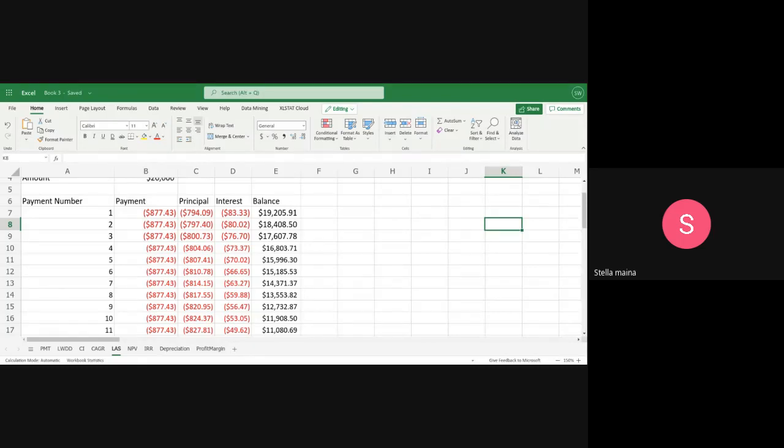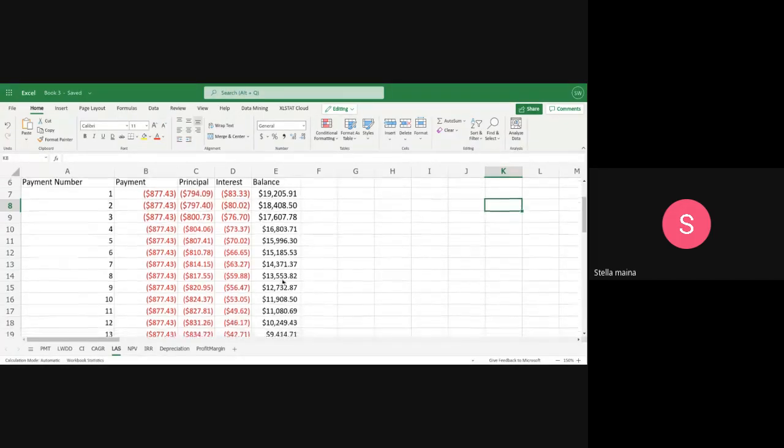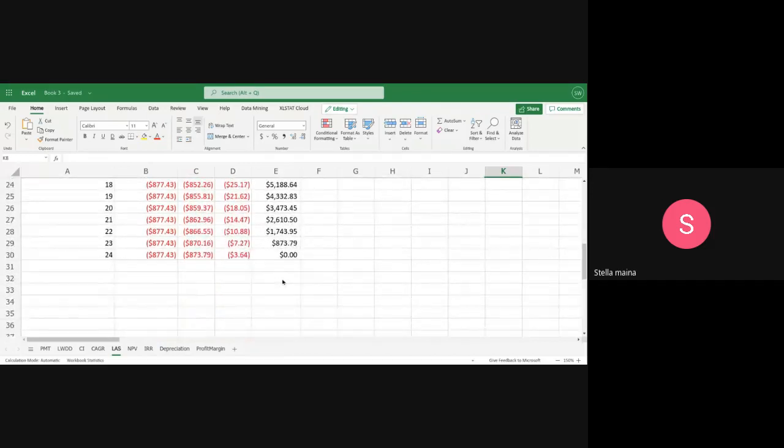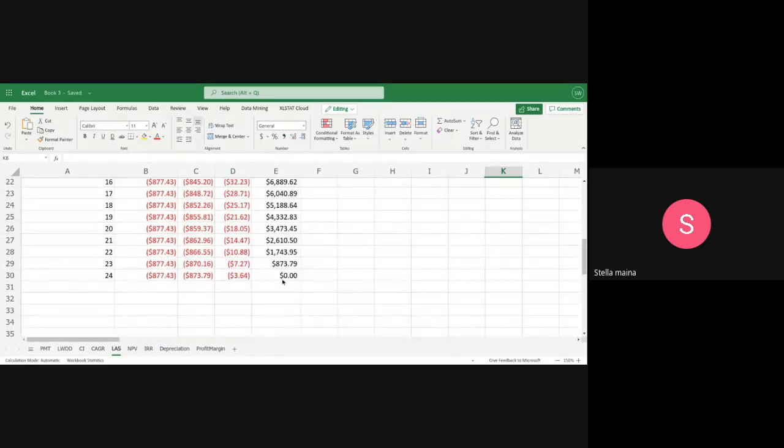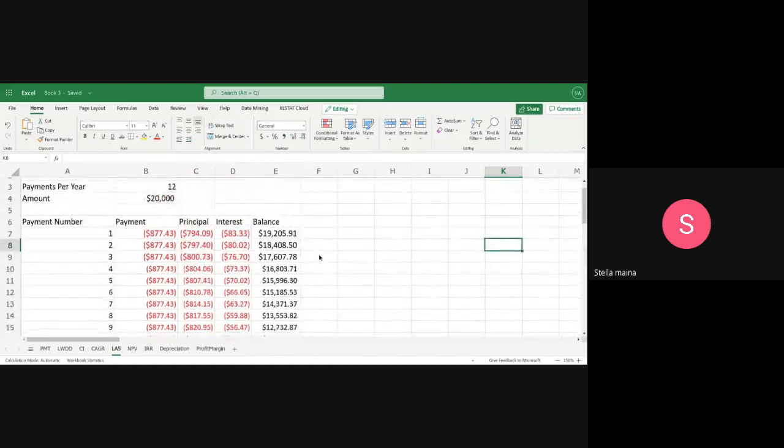So I tried to autofill the remaining part of the schedule, but it wasn't able to cooperate. So I went ahead and just did it for each and every cell. The whole goal is to create a schedule until the total balance is zero. Remember that we calculate from the first payment and you can see our payment numbers.